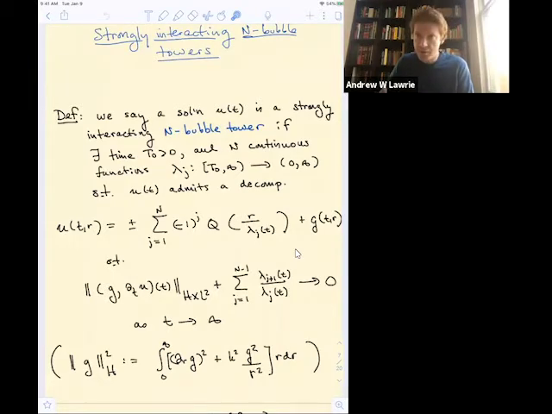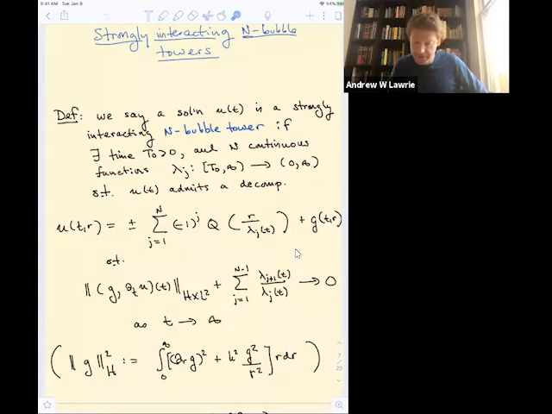So this is a nonlinear equation, so a superposition like this is not a solution. There has to be some error in order for this to be a solution. But I require that this error g, in the energy space, and dt of U tend to 0 as t goes to infinity. So this error vanishes asymptotically, and U is just a superposition of bubbles.